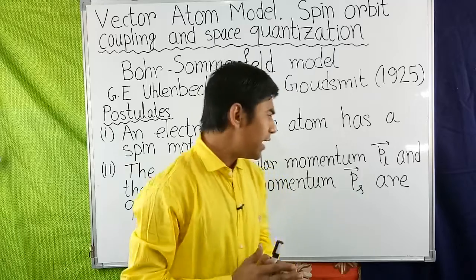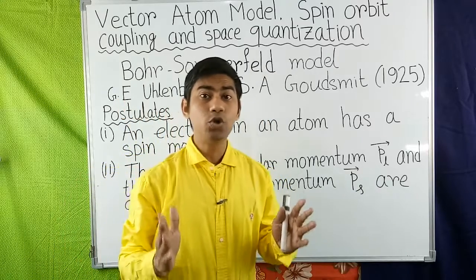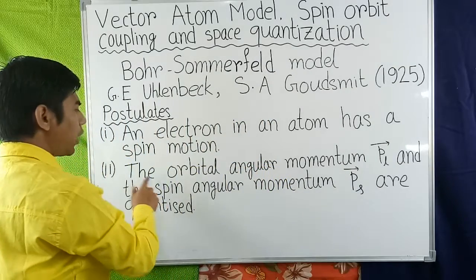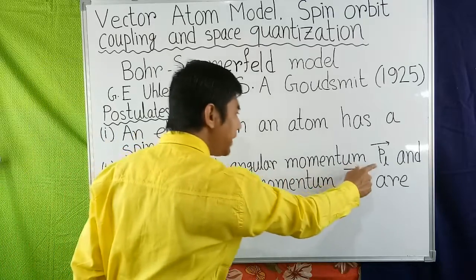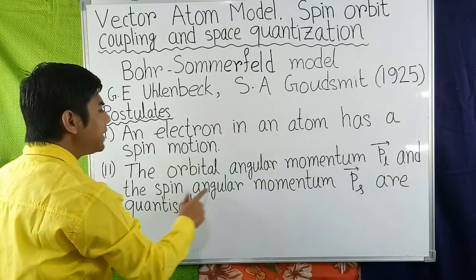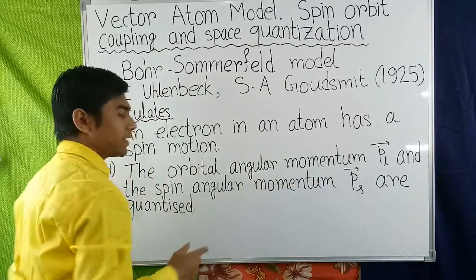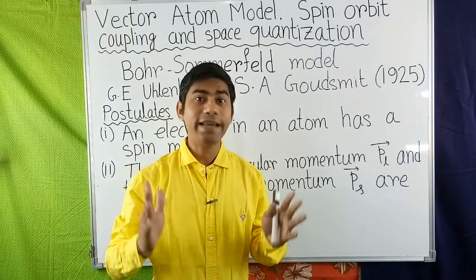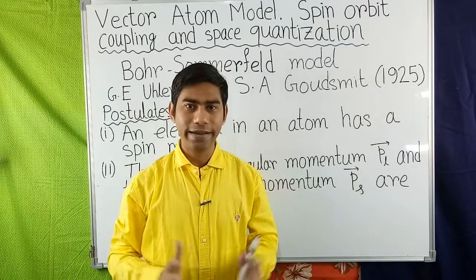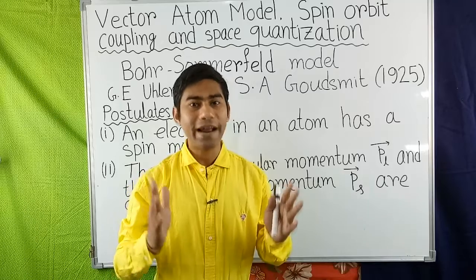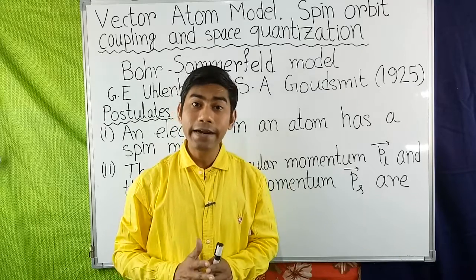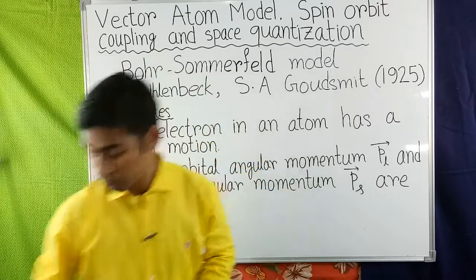And the second postulate is that the orbital angular momentum PL and the spin angular momentum PS of an electron in an atom are quantized, both in magnitude and in their relative directions.